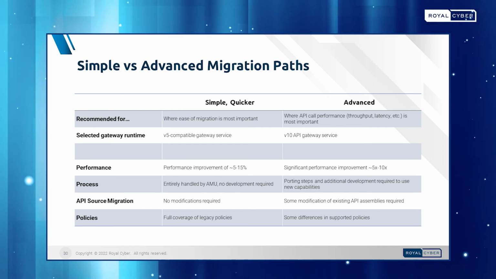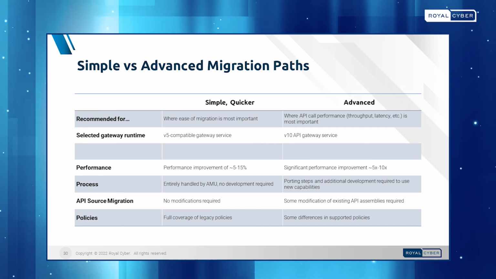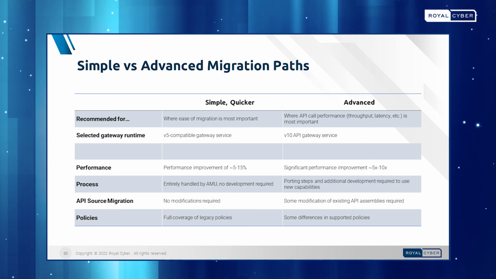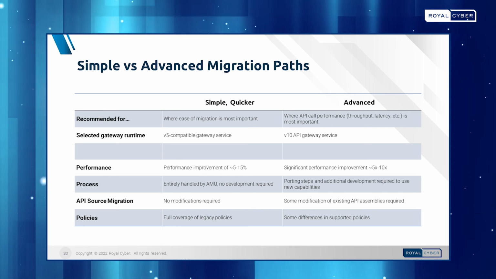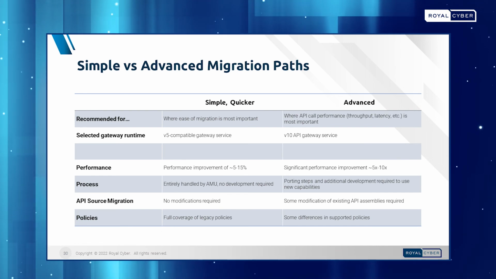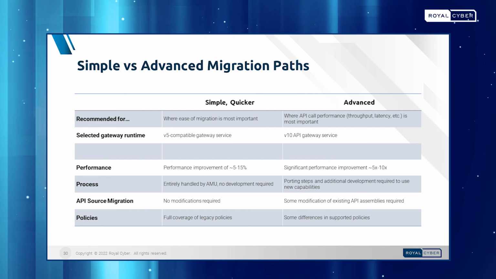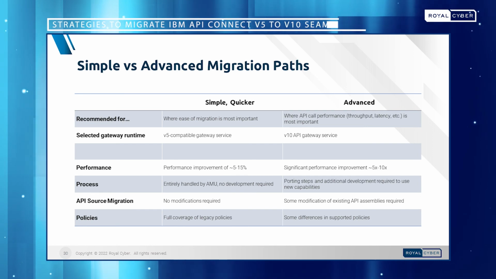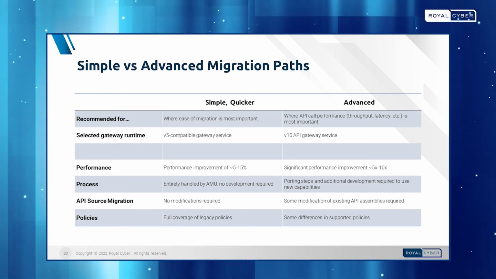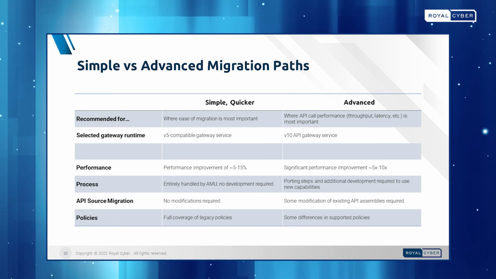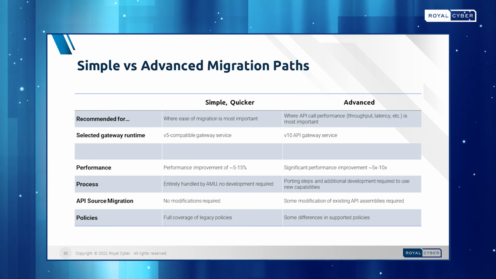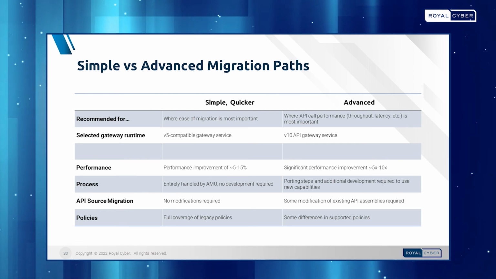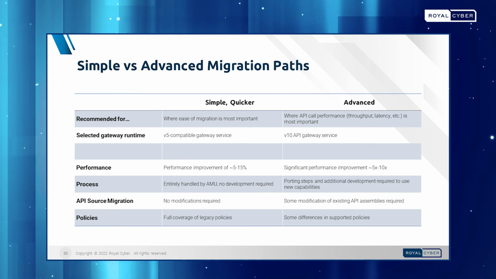But if you are looking to leverage the V10 API gateway service, significantly improve your performance, do some porting changes, and modify your APIs, then you need to go the advanced path. Both paths are applicable. However, the decision is yours on which one you wish to take, depending on the scenario you are working on.